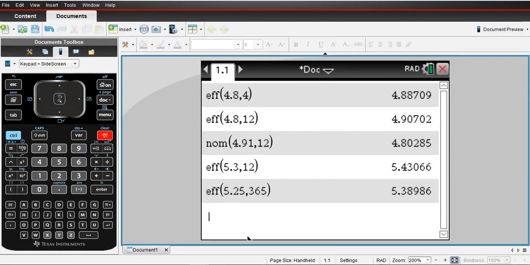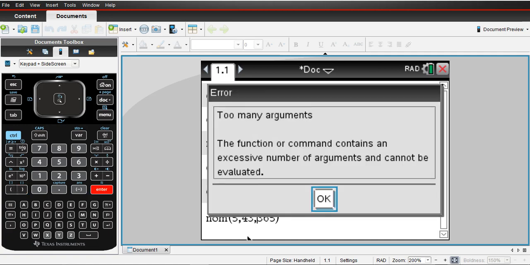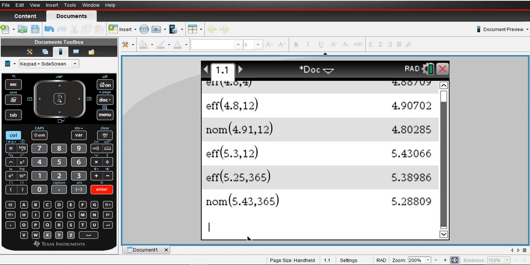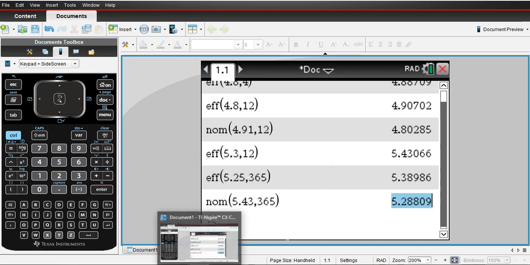Nominal, 5.43, comma, still going to be 365 compounds. That's not a decimal, my bad. So that means that the nominal rate for Bank B should be 5.29.